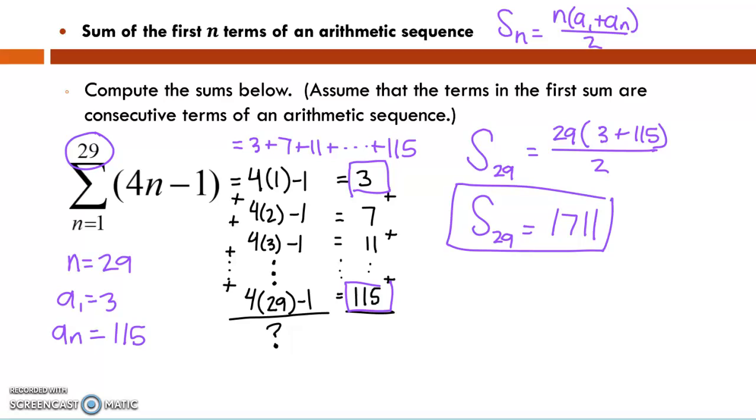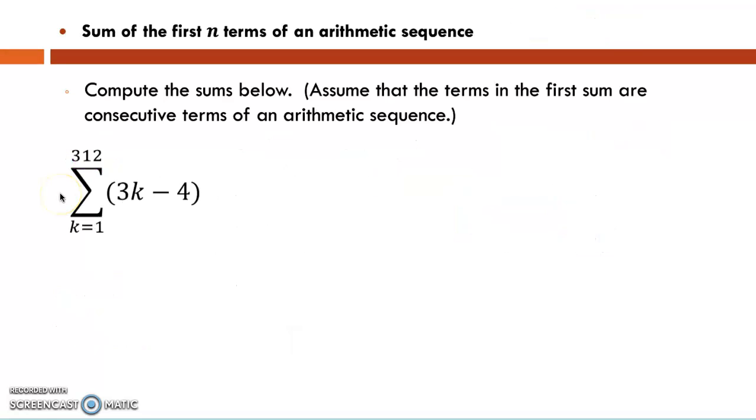Okay? So as long as you understand that summation notation, it works out okay. Let's go through one more example to hopefully ingrain the summation notation in your mind. So here we're told to compute the sum from k equals 1 all the way to k equals 312. So again, what does this mean?